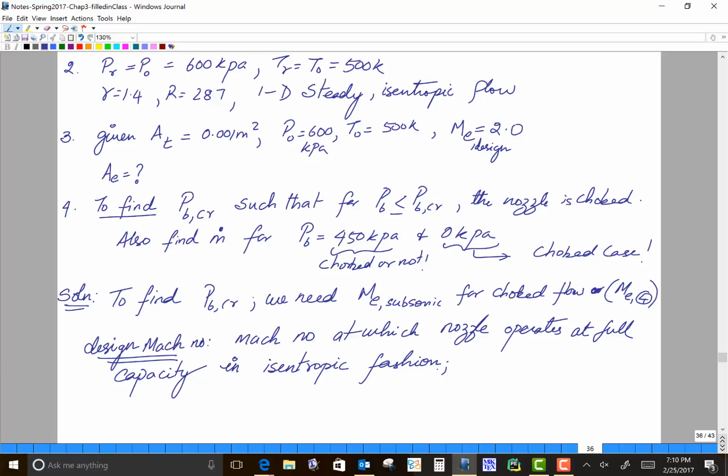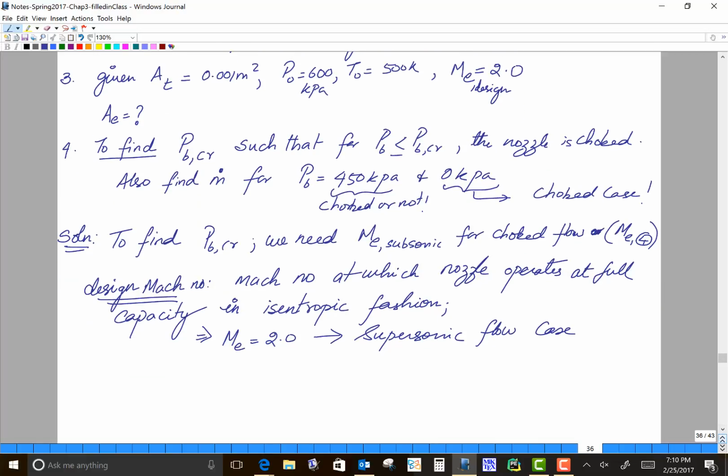Okay, which means ME equals 2 is the supersonic flow solution case. So if I know ME equals 2, then for gamma equals 1.4, I can use appendix B to get AE by AT.